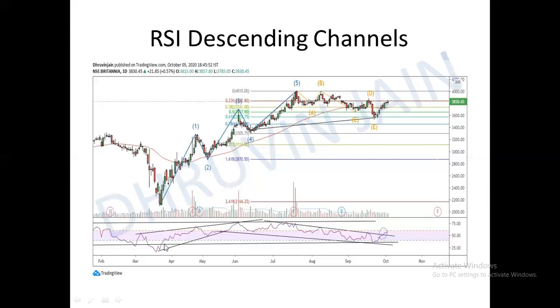After that RSI started traveling inside this ascending channel, and from this point onwards the range shift occurred and a descending channel was made. This was actually a good position for entry in my opinion. And if you are a breakout trader, you could have plotted a trend line here and entered in these positions too.